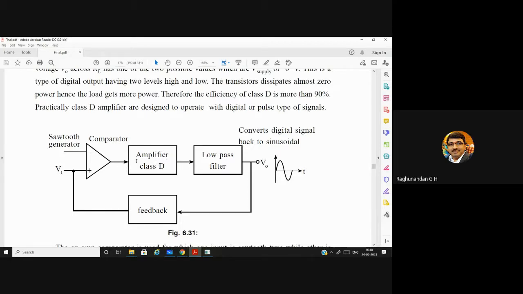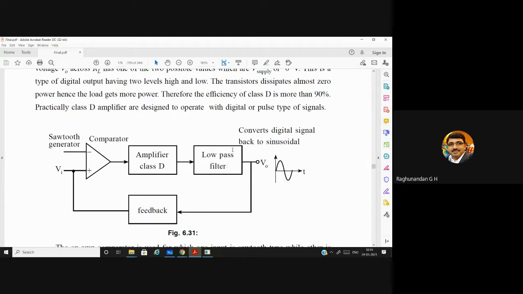So transistor input will be on for a longer duration. When transistor input is on for a longer duration, automatically the transistor will be giving a continuous output signal, since it is an amplifier. Now, after giving the output, we are using a low pass filter.